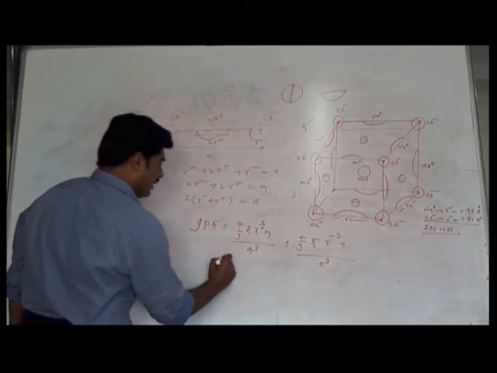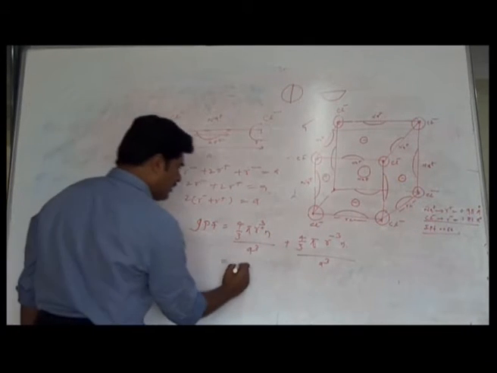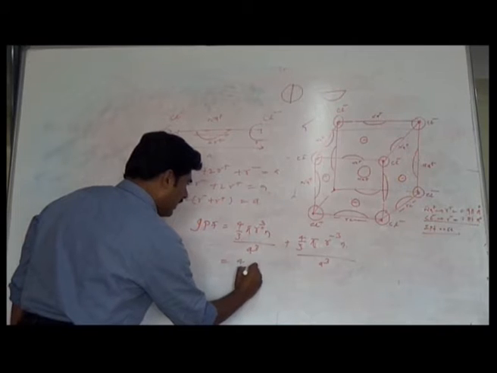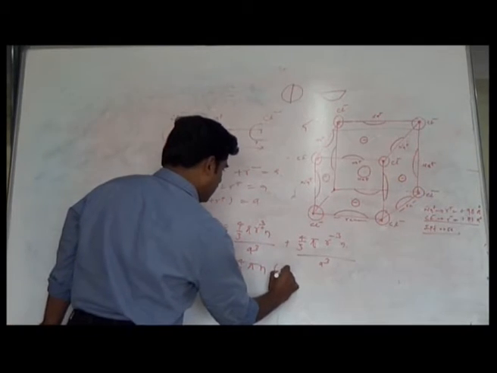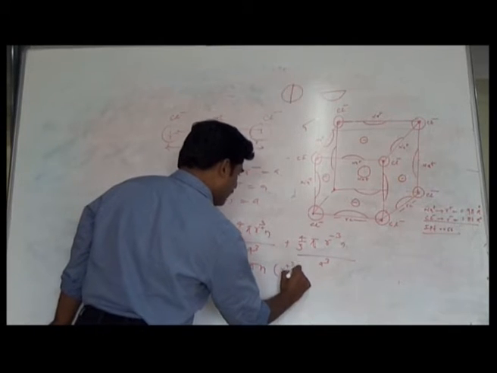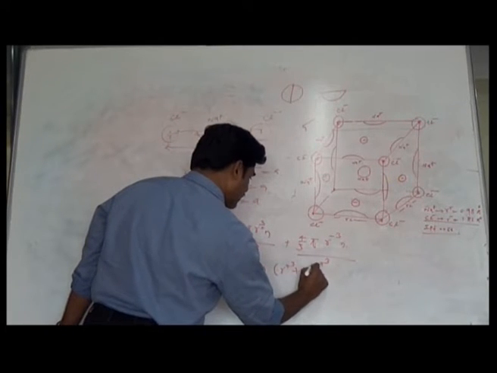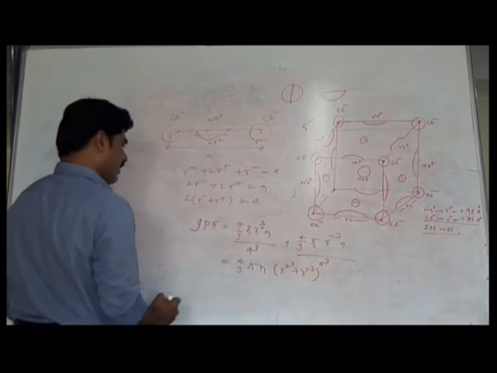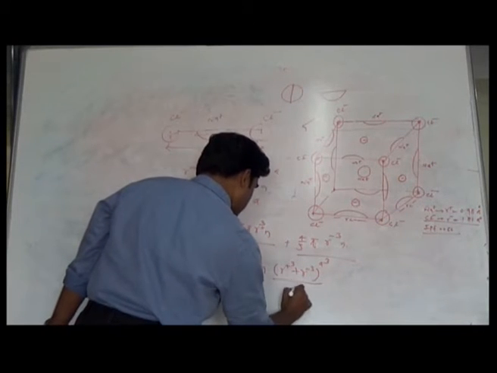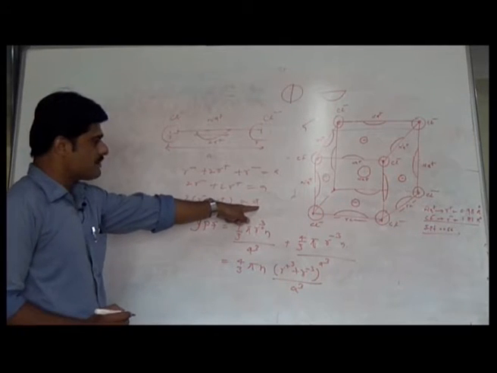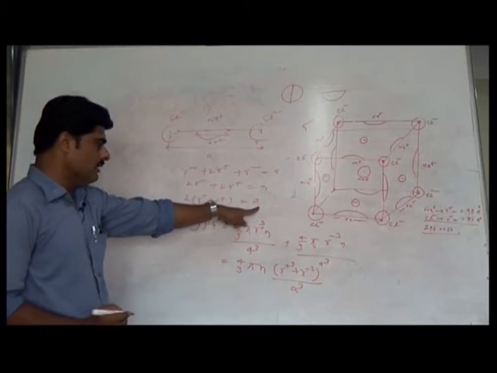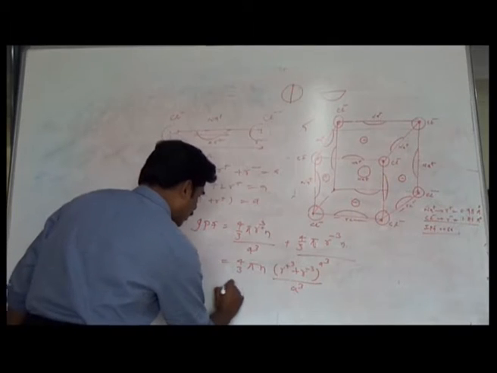So I get 4 by 3 pi, and N is also common, R plus cube plus R minus cube, and this divided by A cube.